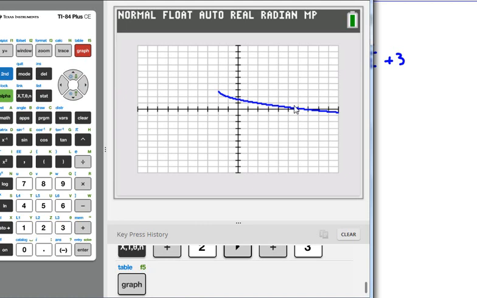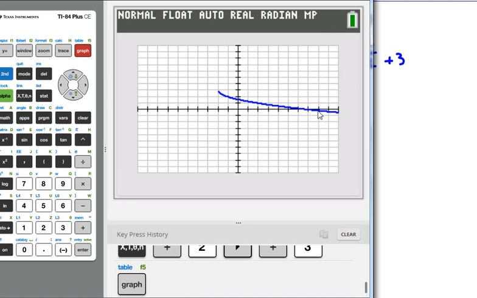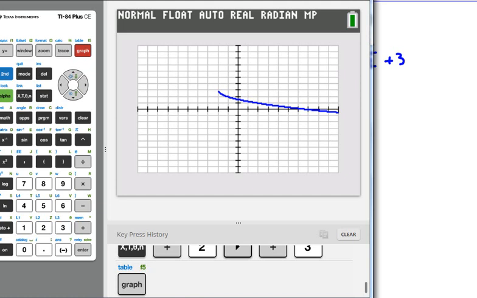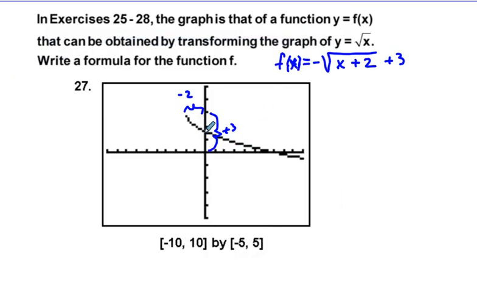Our x-intercept is down here at 1, 2, 3, 4, 5, 6, roughly 6 or 7. Okay, between 1 and 2, 6 and 7. Yeah, so it checks out pretty well. So as far as I can tell, this will be a pretty good answer.